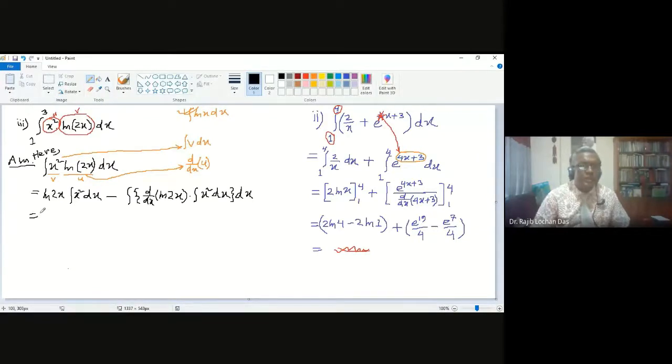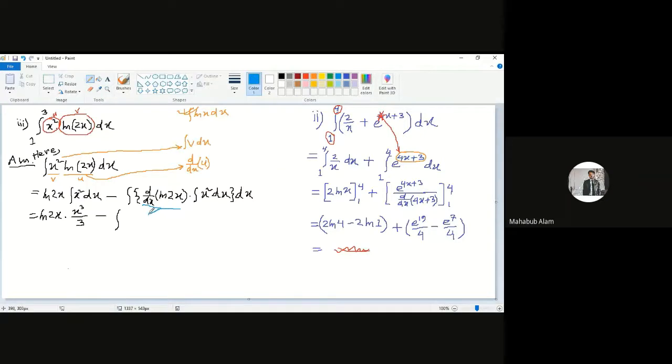So it is ln 2x, just nothing to do, and x square will be x cube by 3, and then minus, then integration. So what is the ln 2x differentiation formula? So somebody tell me, what is this answer?